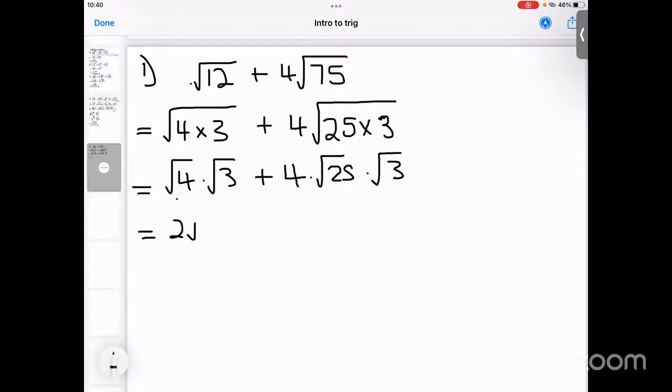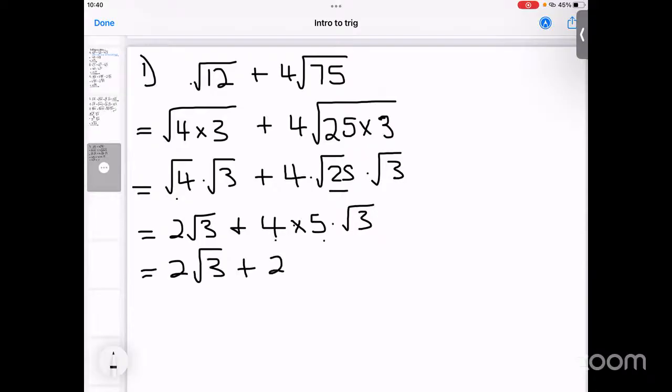This is 2, definitely. That one we know most. Plus, we are having 4, which will, what is this? Square root of that, is it not 5? So that means we are having 4 multiplying 5 and then multiplying square root of 3. So we have that 2 there, square root of 3. What is that times that? I think that should be 20.